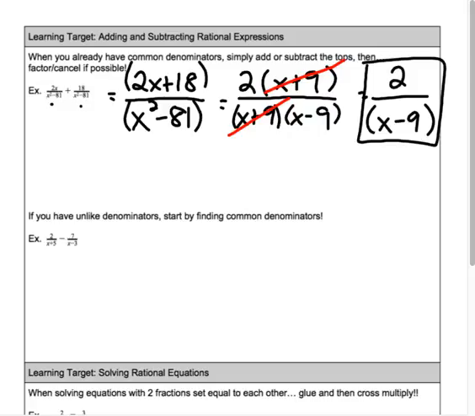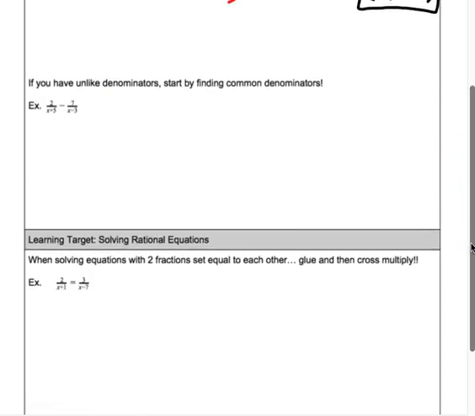Now, of course, what if the denominators are not the same? Okay, well then we need to start by getting a common denominator. So in this case we have x plus 5 and x minus 3. So the x plus 5 part, it needs that x minus 3.